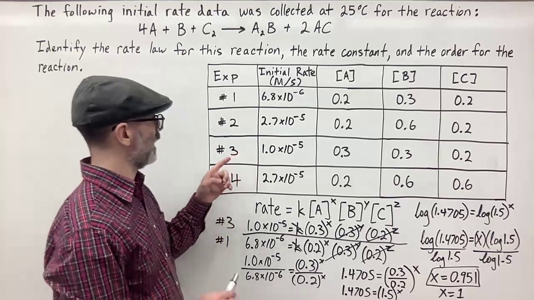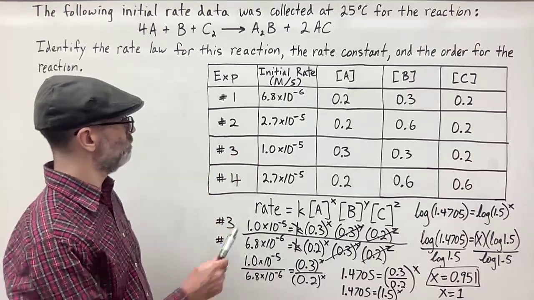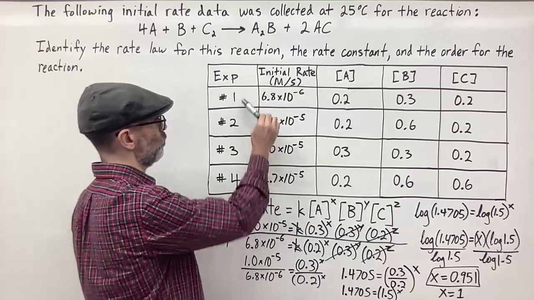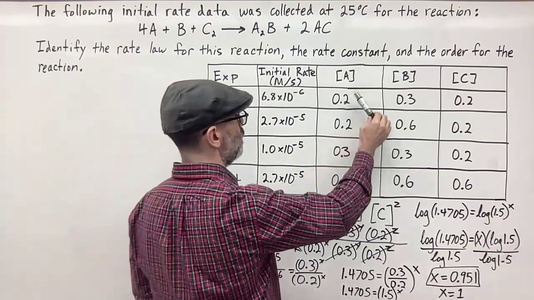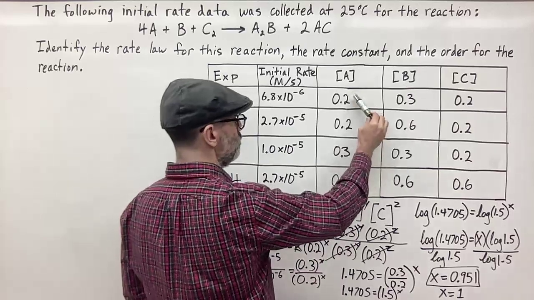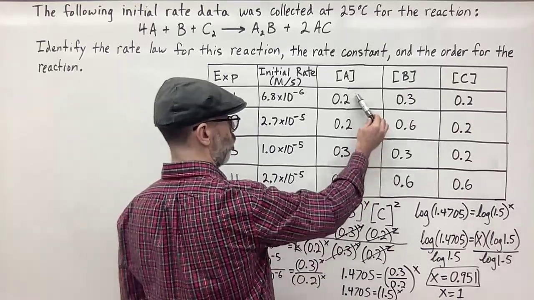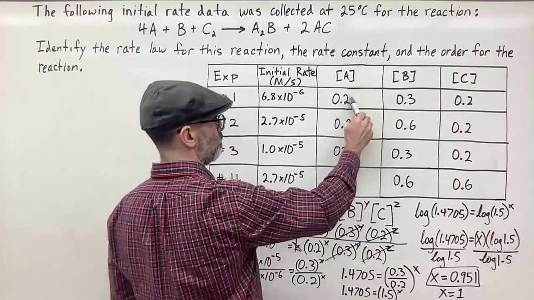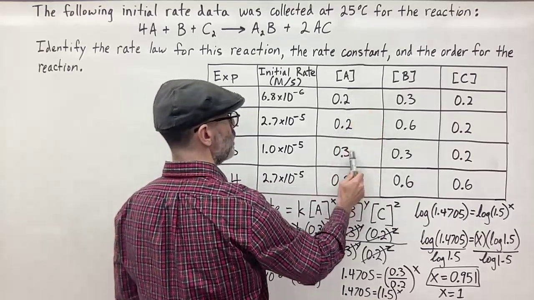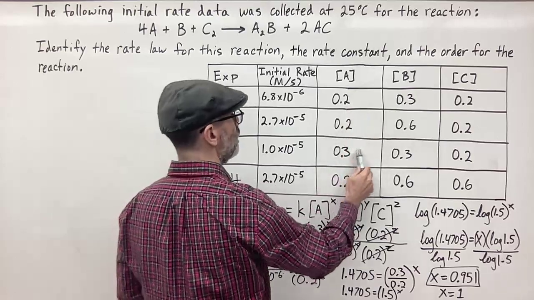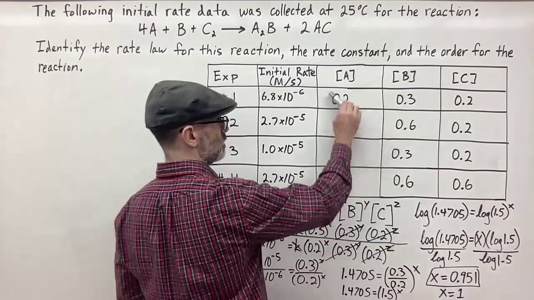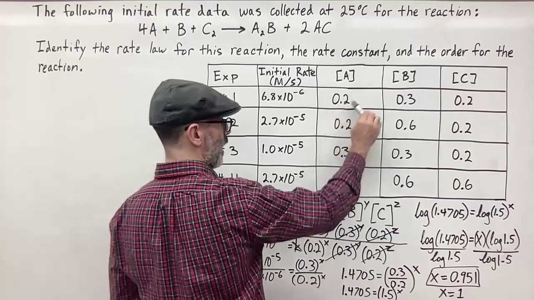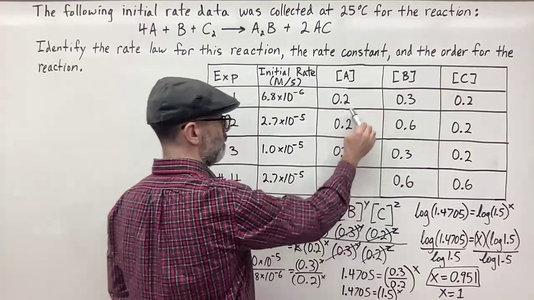And if we go back to the data, we can see that going from experiment 1 to 3, we're increasing this by a factor of 1/2, right? We're increasing this from 0.2 to 0.3, so increasing by a half, because 50% of 0.2 is 0.1, and adding 0.1 makes it 0.3.